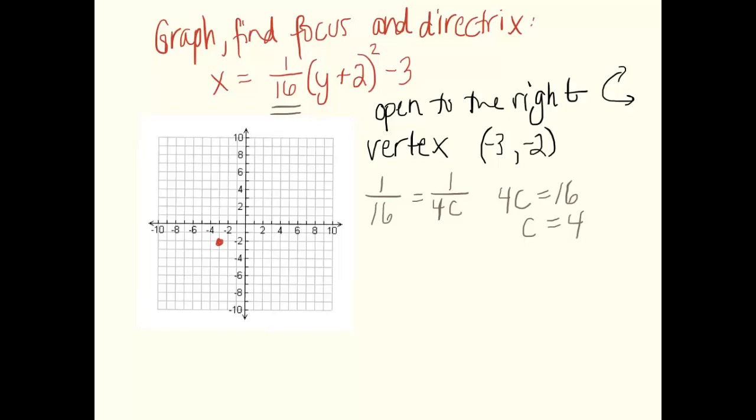Remember what c stands for: c is the distance from the vertex to the focus. I know that this parabola opens to the right, so from the vertex I'm going to move 4 units to the right. That brings me right here, and that's going to give me the focus. I can also move 4 units to the left, and that will bring me to where the directrix has to cross through. 1, 2, 3, 4.